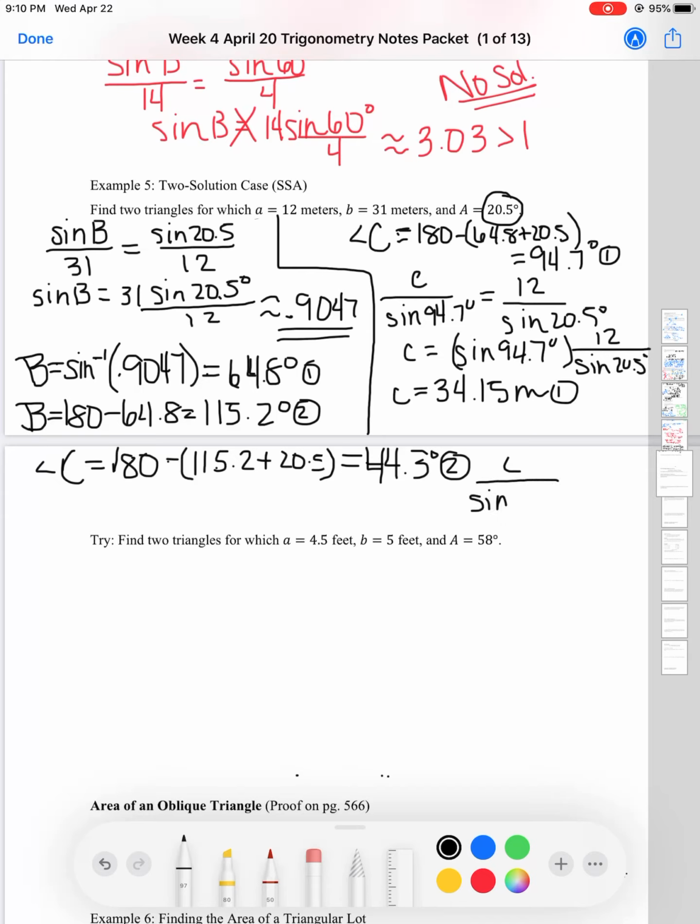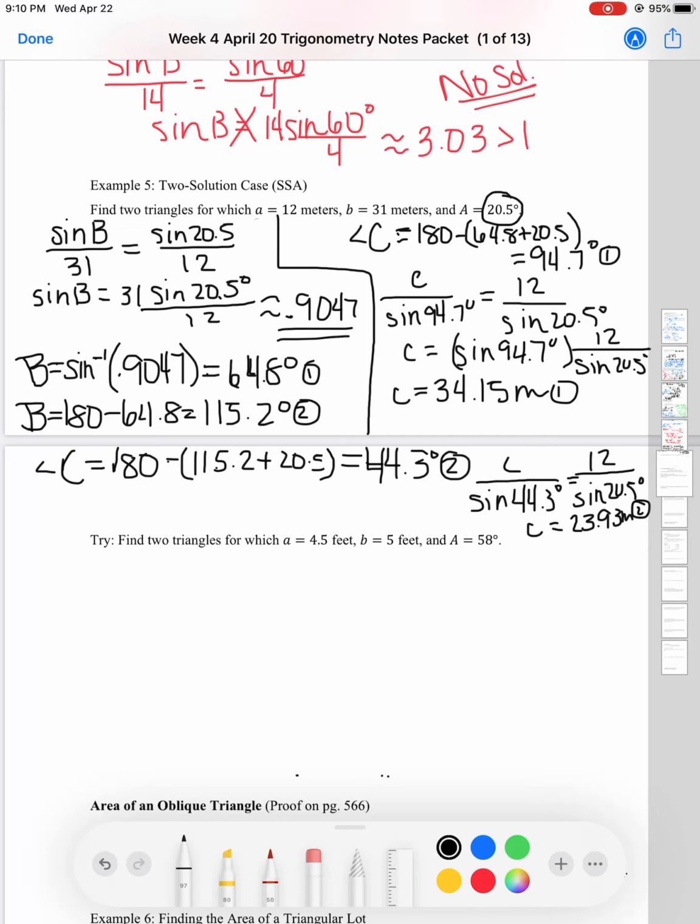So if I have side c over sine 44.3 degrees equals, excuse me, 12 over sine 20.5 degrees, I would solve this the same as I solved up here, and you would get c equals 23.93 meters. So that would be your second side c.